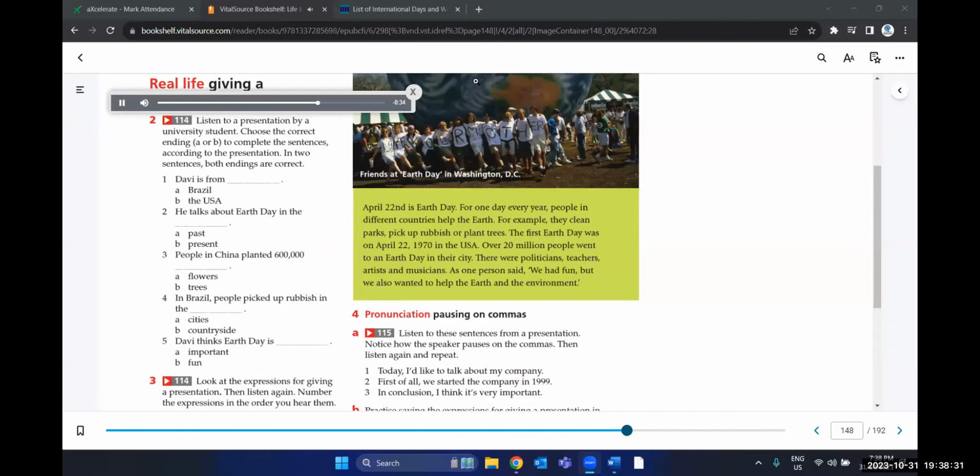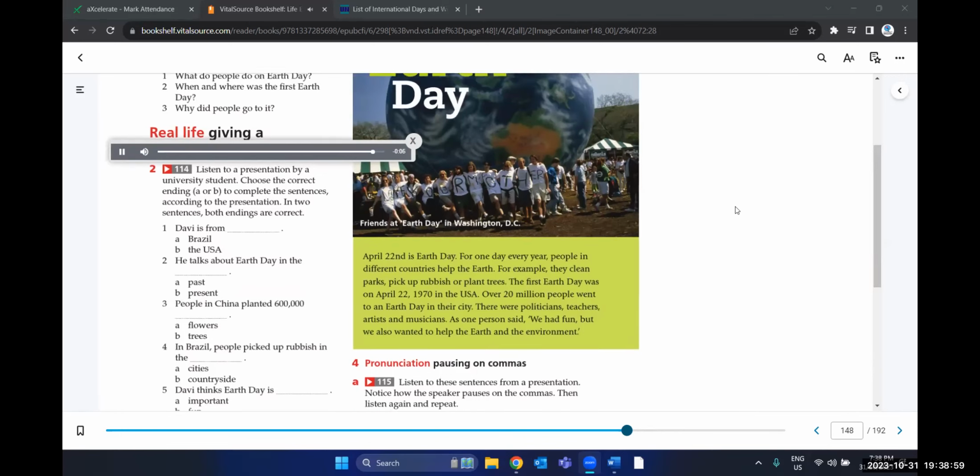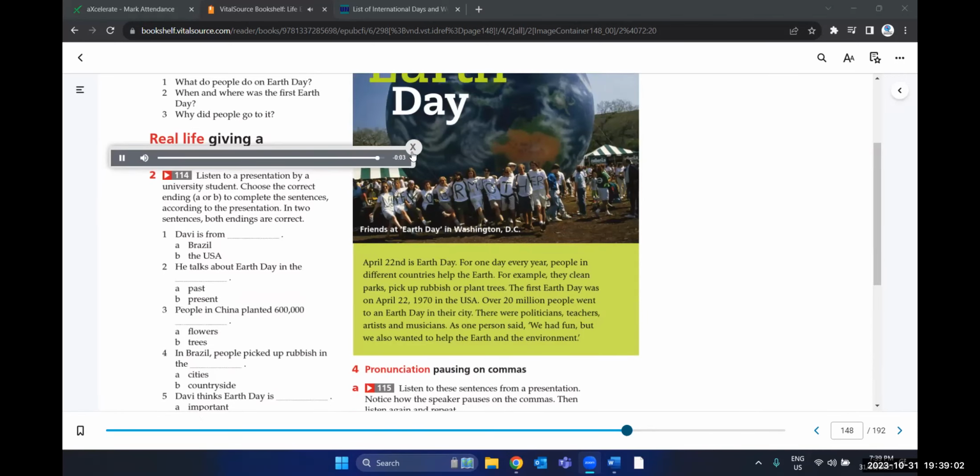In New Orleans, in the USA, they put 300,000 energy-efficient bulbs into houses. And finally, in my country, lots of people picked up rubbish in the cities and in the countryside. In conclusion, I really think Earth Day is important. Next year, I hope you will do something on Earth Day. Thank you very much for listening.